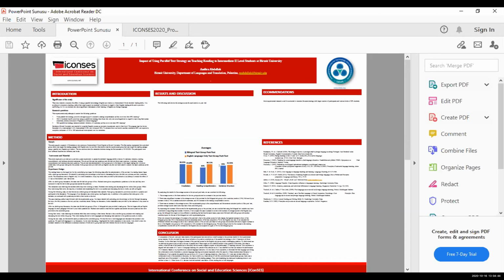But what is certain is that the use of parallel text as a form of L1 use in a classroom did not reveal a negative impact on the participants' learning.